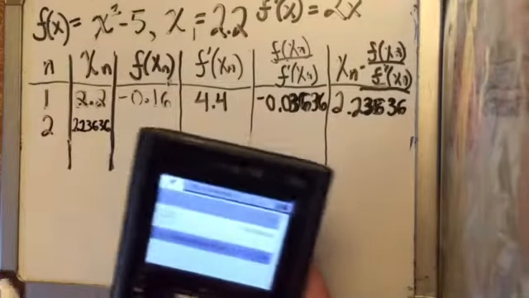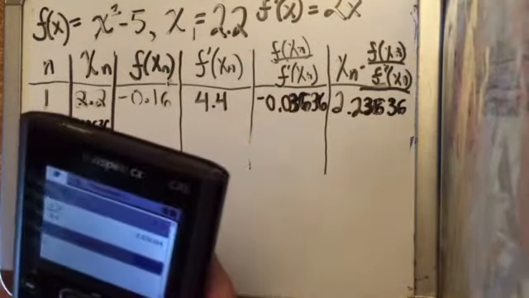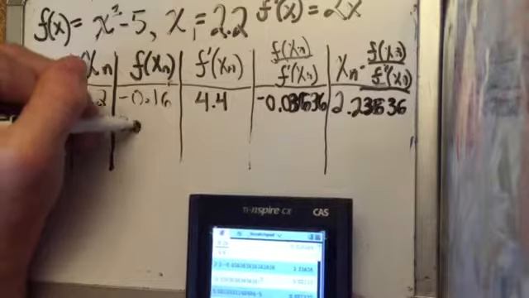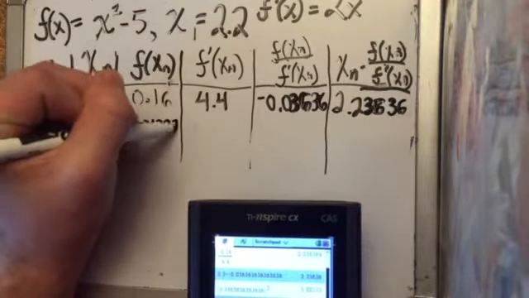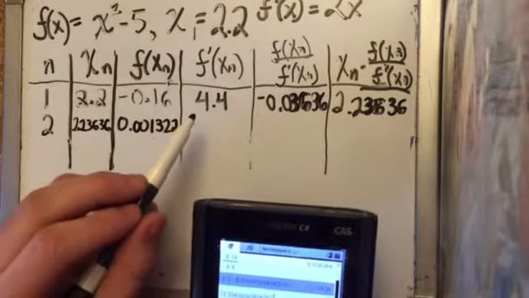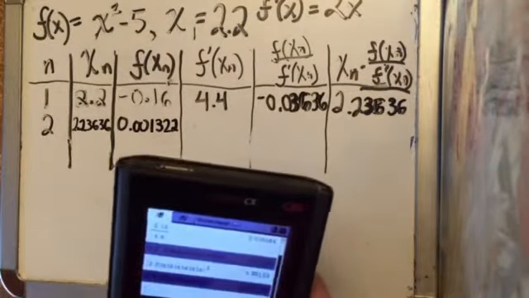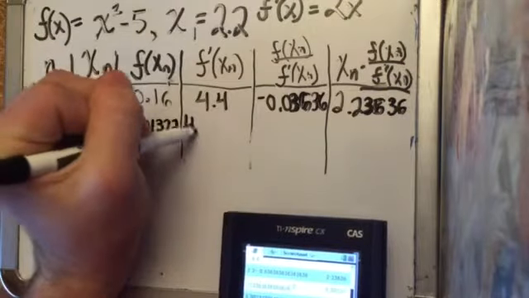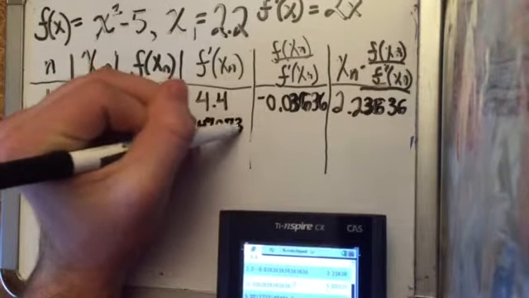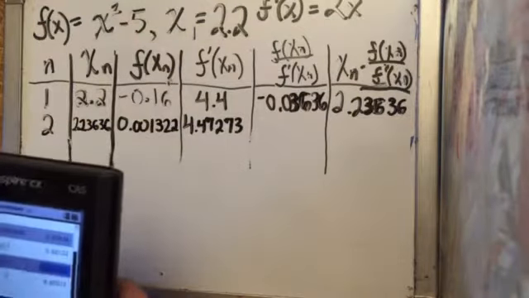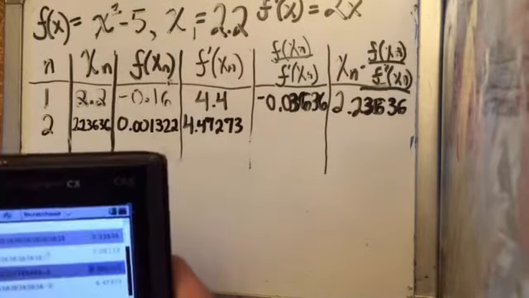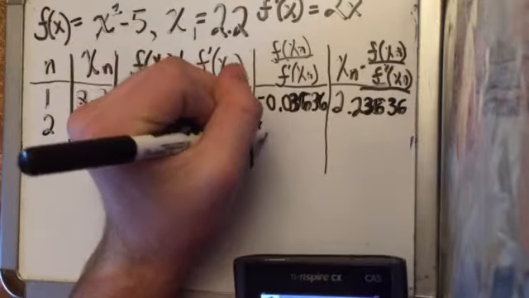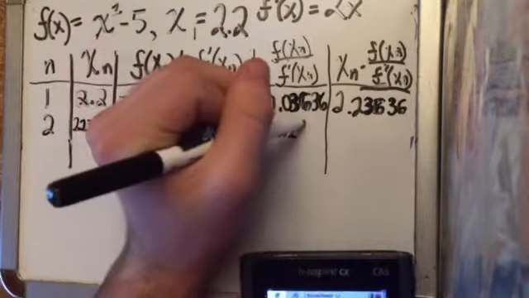So using this new x sub n, we're going to square it, minus 5, we get 0.001322, and 2 times the x sub 2 is 4.47273, and f of x sub 2 over f prime of x sub 2 is 0.00296.